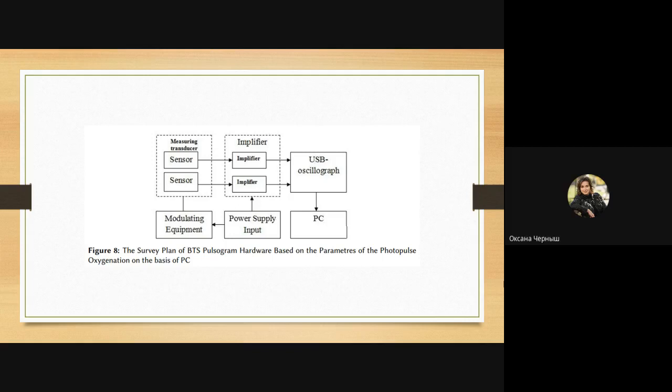Nonetheless, the signal also depends on the human body constitution, its anthropometric parameters in particular.